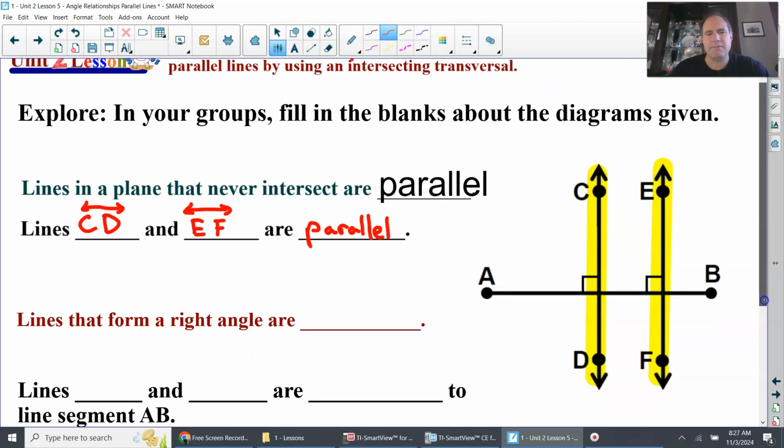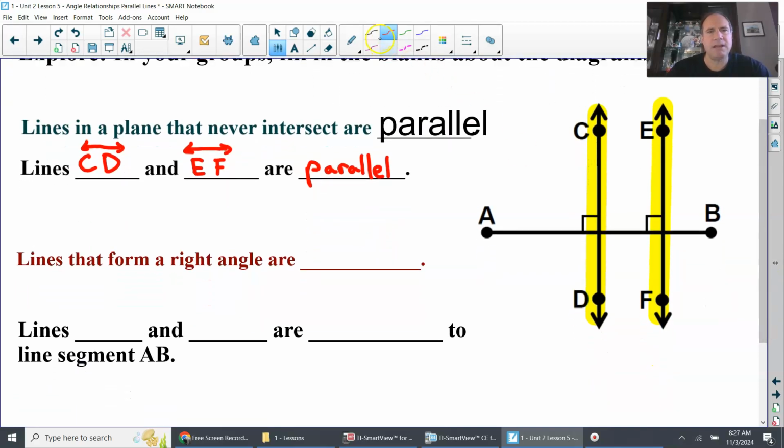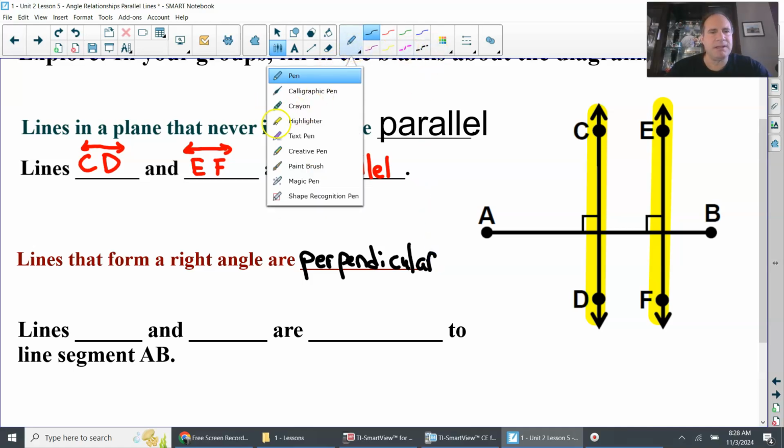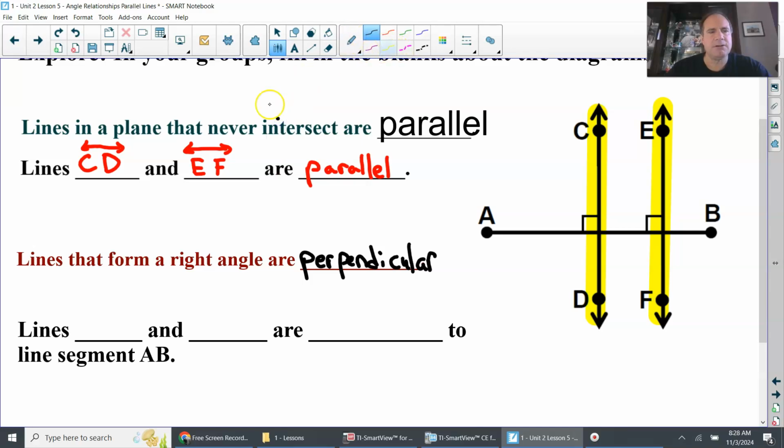Lines that form a right angle are perpendicular lines. So we are talking about right here, perpendicular, right angles. So lines blank and blank are perpendicular to line segment AB.